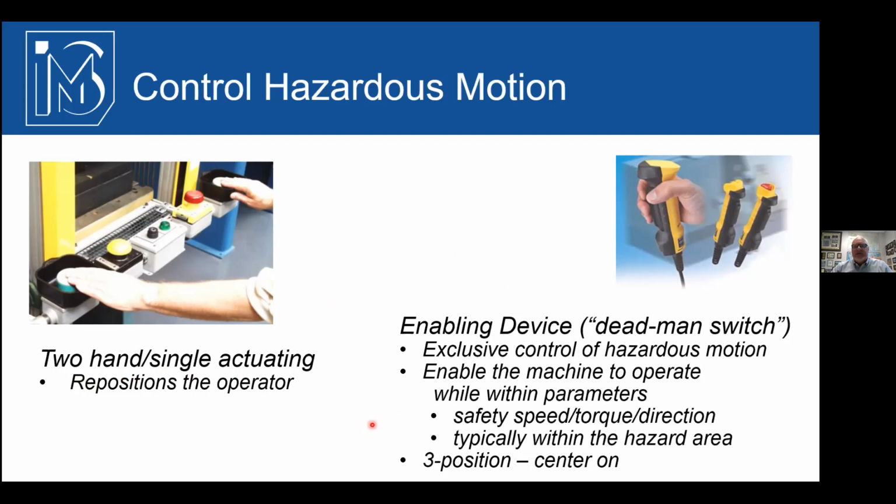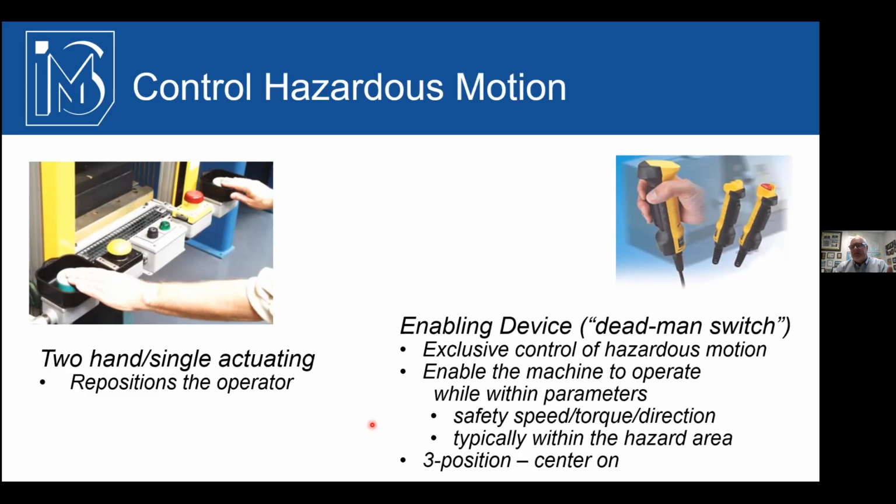The other one in here that's very common today is called enabling devices. Enable switch in here. They used to be called the dead man switch. So this would be something that I would allow a person to access a hazardous area, but only in certain conditions. And this would be something that would allow them to immediately turn the thing off or go to maybe a totally safe state versus an acceptable safe state.